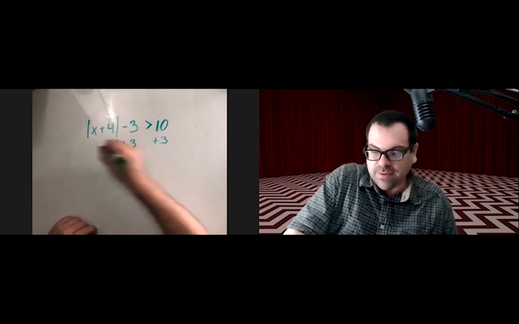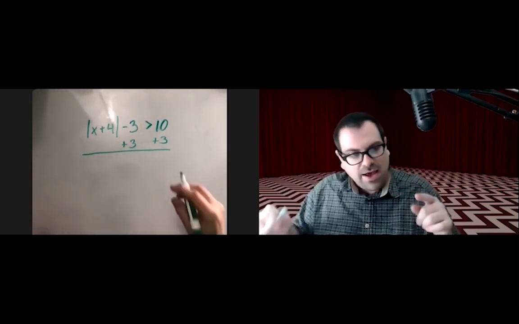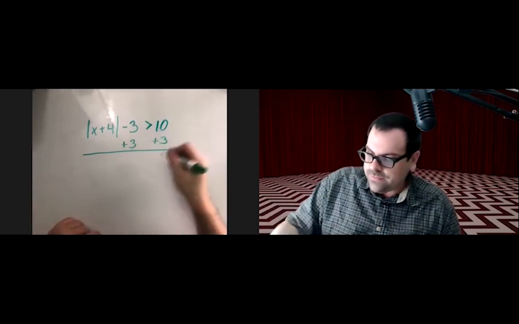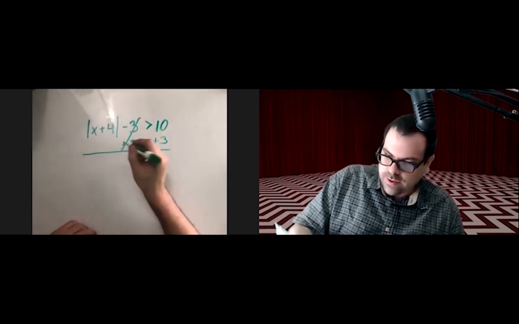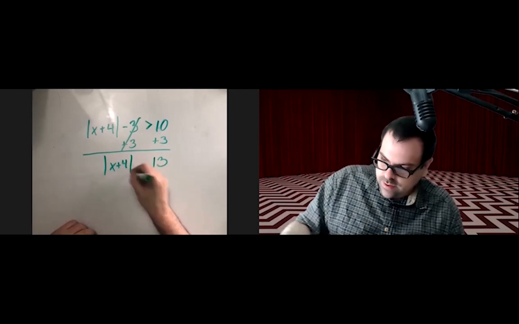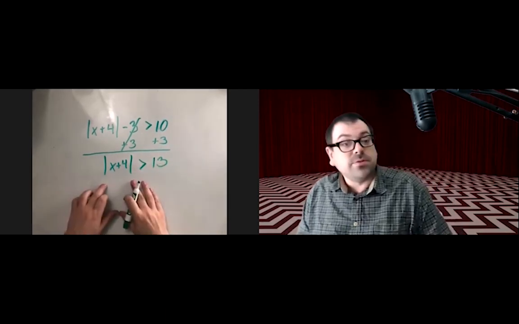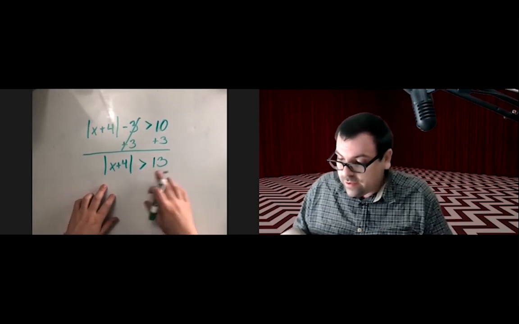We can start doing the steps a little faster because we know they're the same. Isolate that absolute value first. Absolute value of x plus 4 is greater than 13.